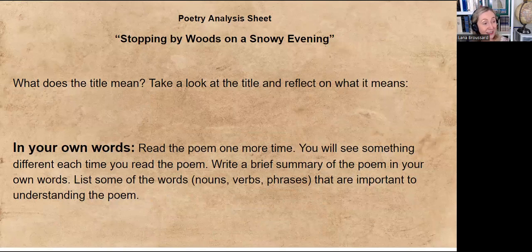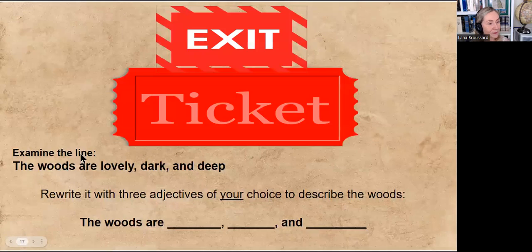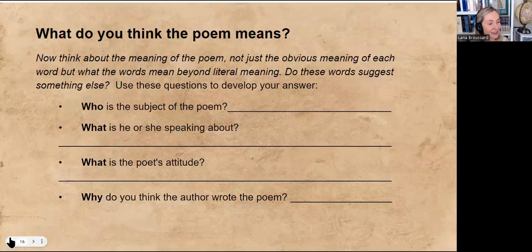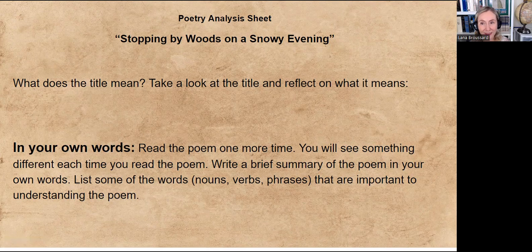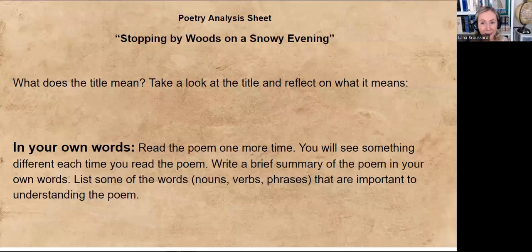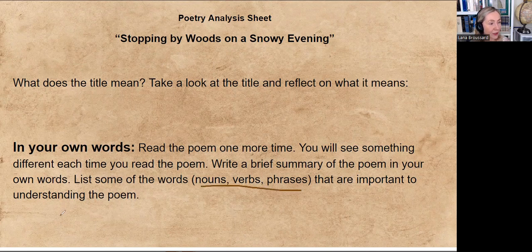The second thing you will do today, in your own words, about 3 or 4 sentences, after you read the poem one more time, write a brief summary of the poem and try to list some of the nouns, verbs, and phrases that you think are important, that really speak to you here, okay? Nouns, verbs, phrases that are important in understanding the poem. Use some of those in your response.